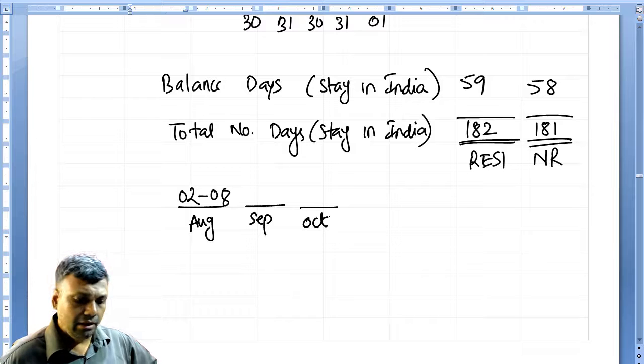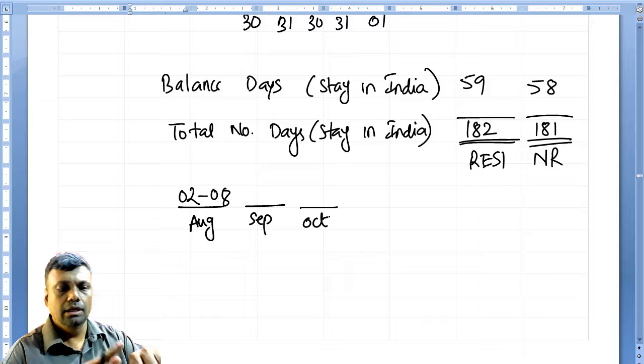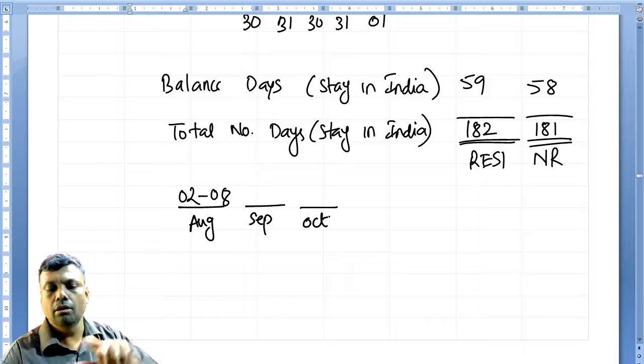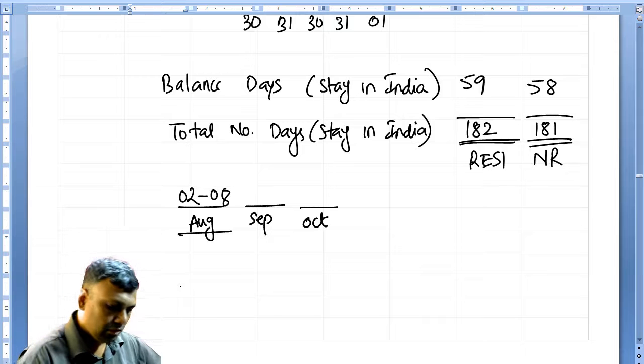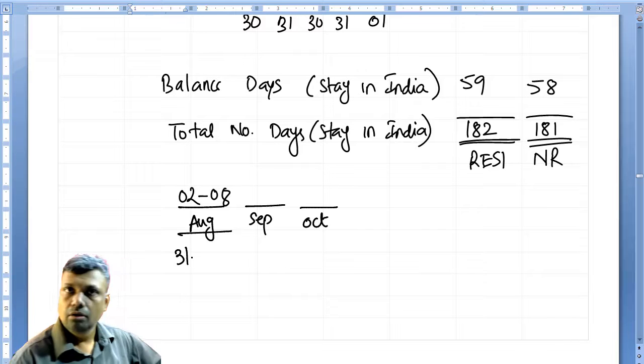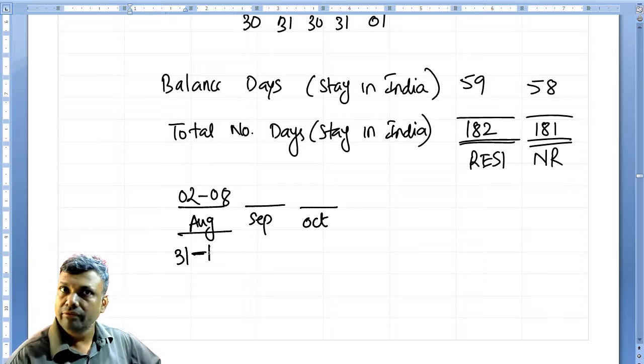Supposing if we stay August full, so August is how many days? January, February, March, April, May, June, July. August is 31 days. But one day he has already calculated, because we are calculating from 2nd of August.